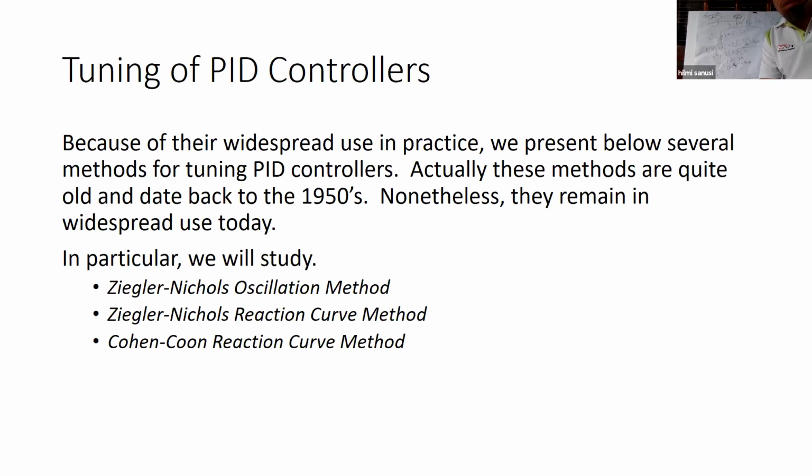So tahun 50 dia implement Ziegler-Nichols, and of 50s they implement Cohen-Coon. They're still being used up until today. So Ziegler-Nichols, they're based on oscillation methods. And then kita tengok dekat dia punya reaction curves, Cohen-Coon, kita only look at reaction curve.